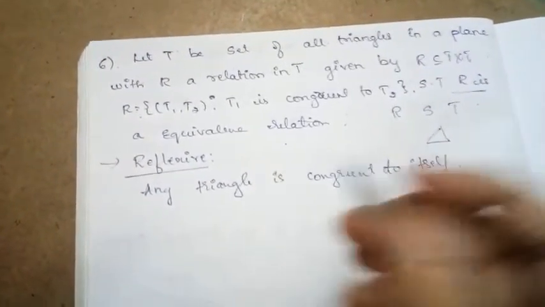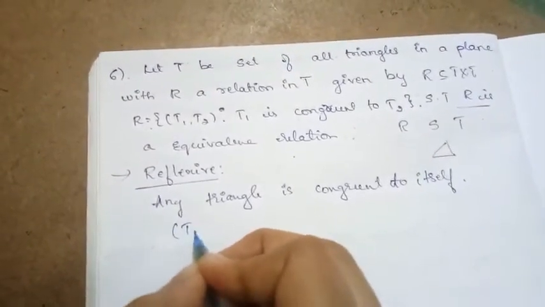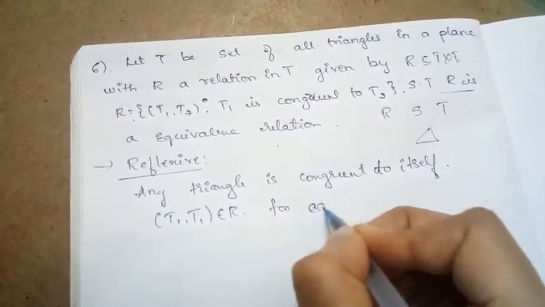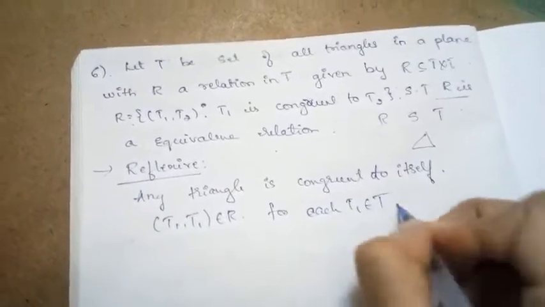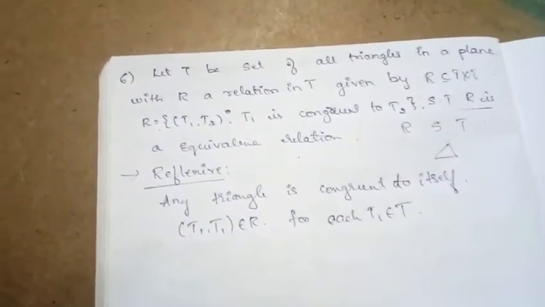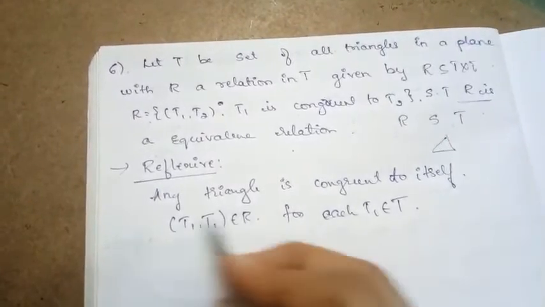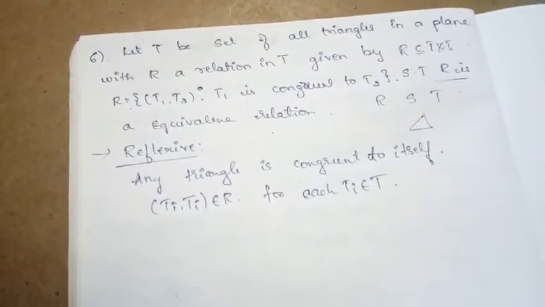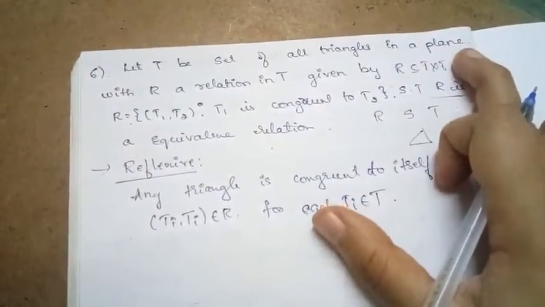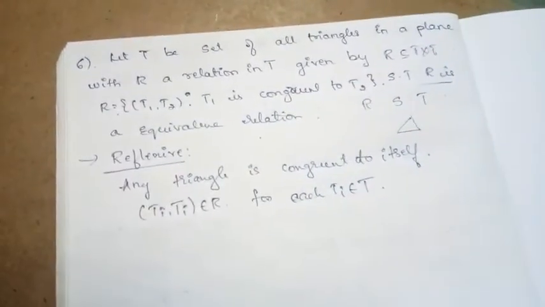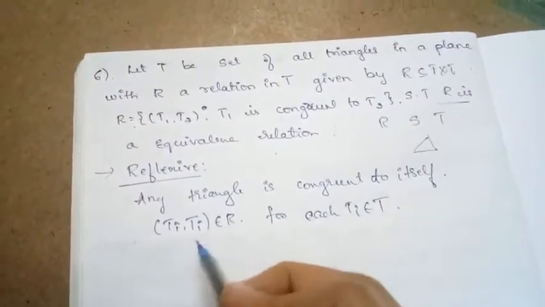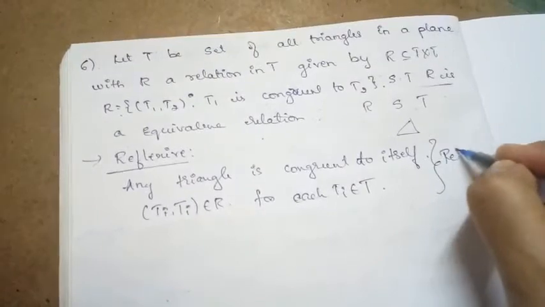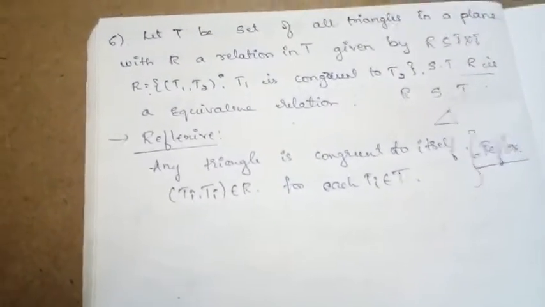So if any triangle is congruent to itself, I can say that T1 comma T1 belongs to R for each T1 belonging to the set T. Each triangle is congruent to itself, so for each Ti belonging to T, however many triangles are present in the plane, each is congruent to itself. We are going to get the pairs of each and every triangle. So the relation is a reflexive relation.